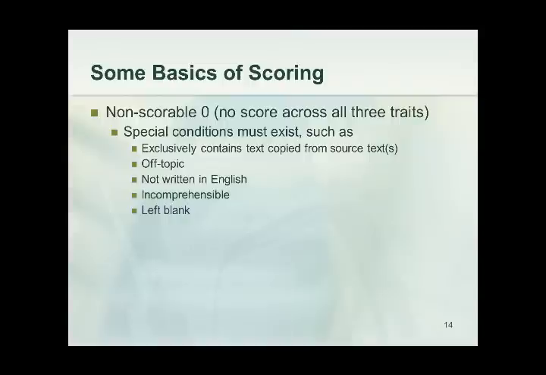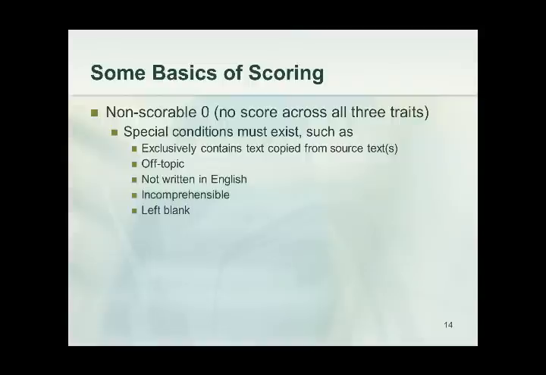A non-scorable 0 also is when something is totally incomprehensible. Either a test taker just wrote the same word over and over, or what they wrote makes absolutely no sense, or it was left blank.